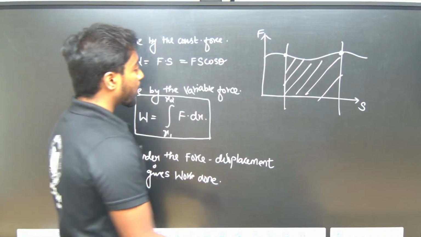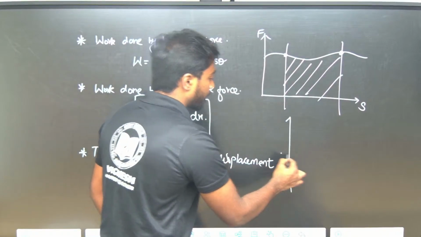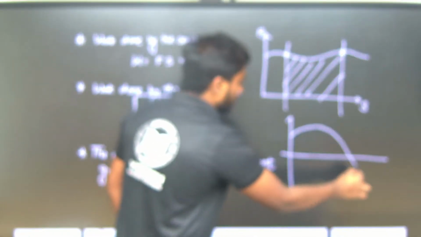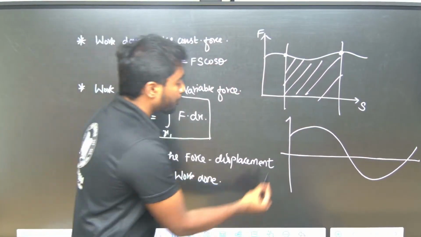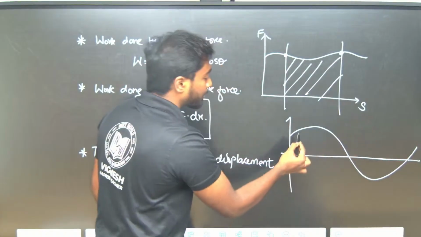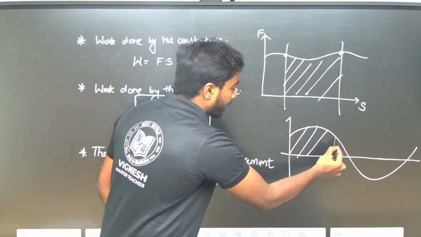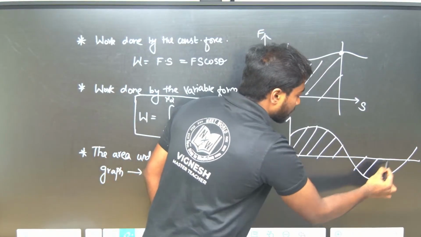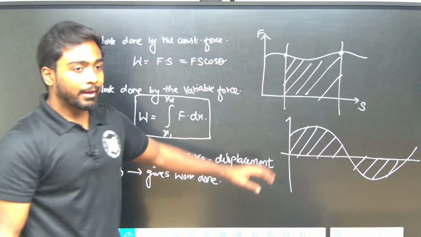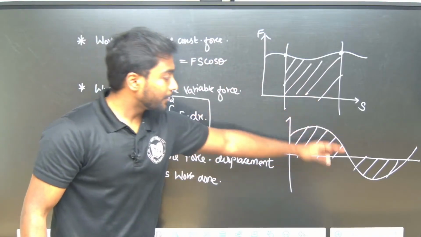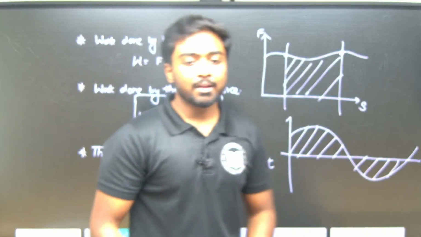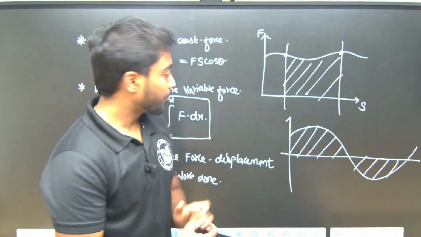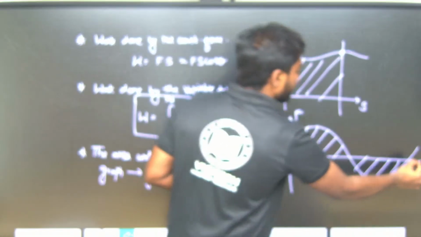And when we talk about the same kind of graph, suppose this is the graph, for example. From this point to this point work has been done. So let me cover these areas. The area above the x axis, the positive axis, will give us the positive work. So this is my F and this is my s.